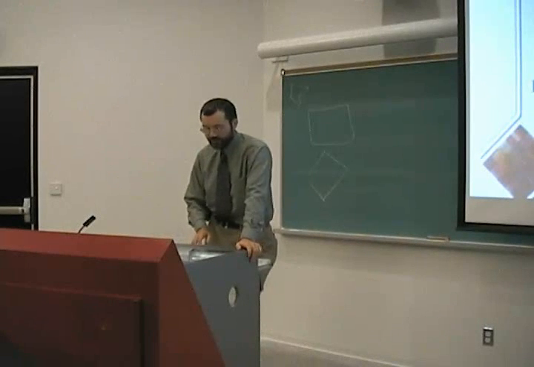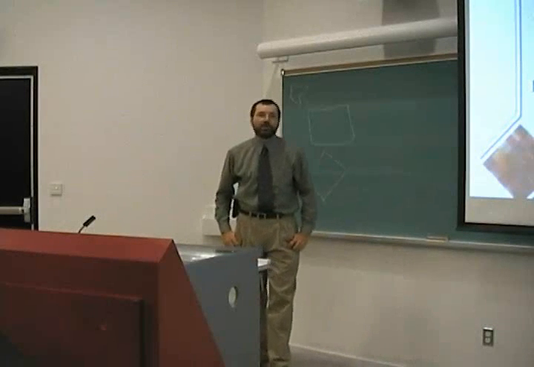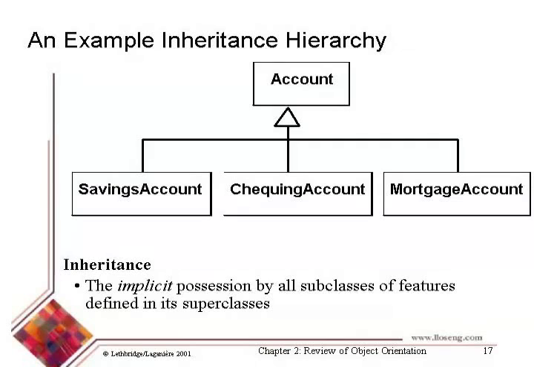And then we have the term inheritance. Inheritance, along with polymorphism, is one of the key contributions of the object-oriented paradigm. And the definition I'm showing here says it's the implicit possession, implicit is key, by all subclasses of whatever is defined in superclasses. So, if I define instance variables in account, they will be present in savings account, checking account, mortgage account. They will be there.